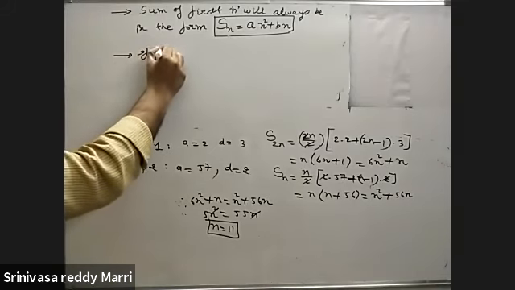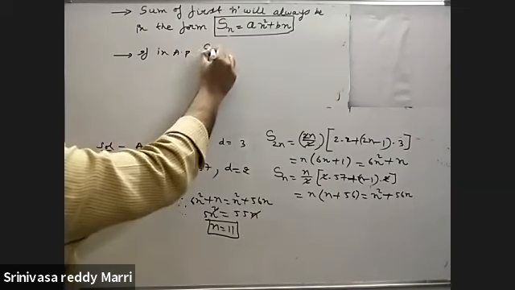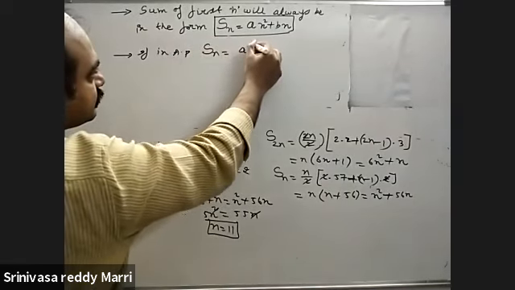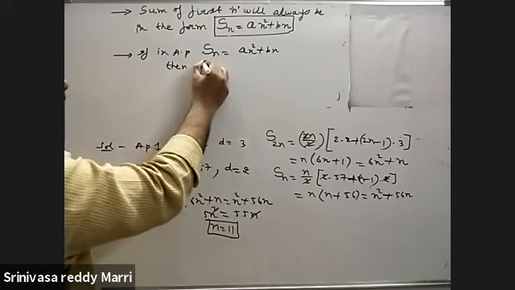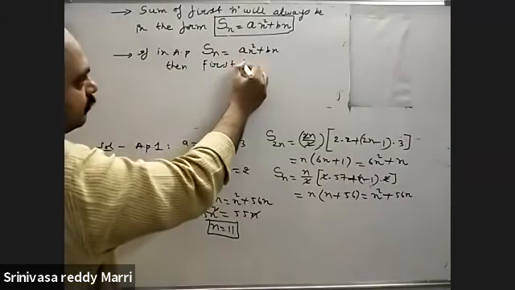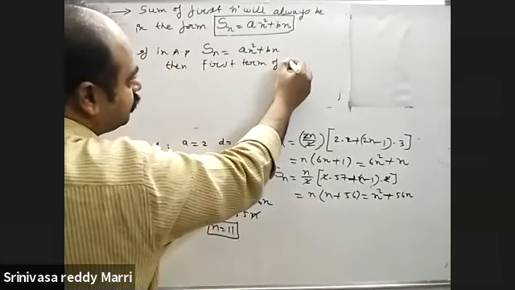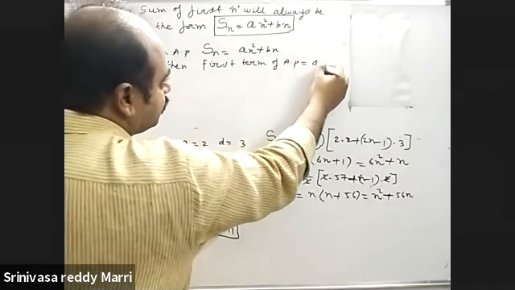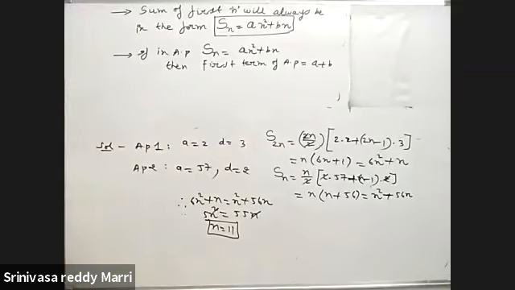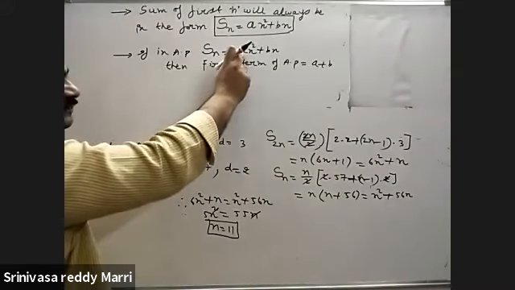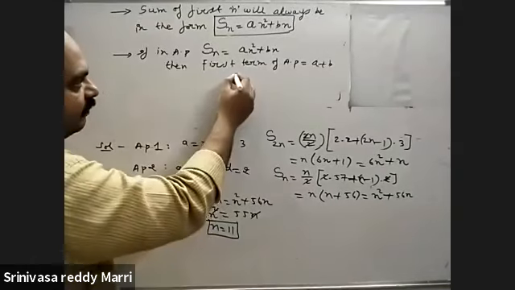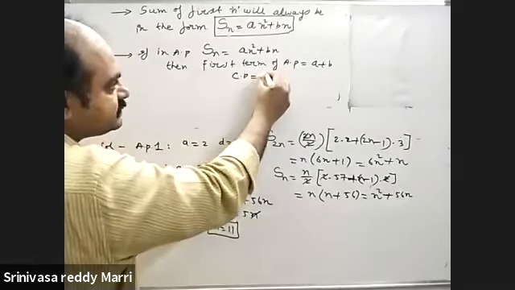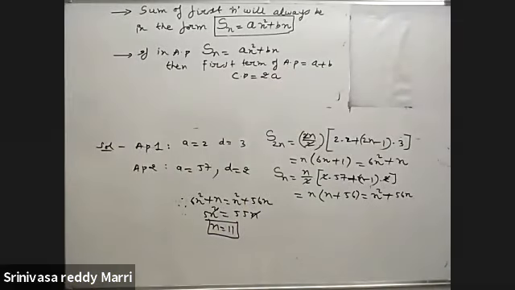If in an AP the sum of first n terms is An square plus Bn, then the first term of the AP is nothing but A plus B. The coefficient of n square is A, the coefficient of n is B. Remember the formula, I will tell you how. The common difference is nothing but 2A, that is, 2 into the coefficient of n square.